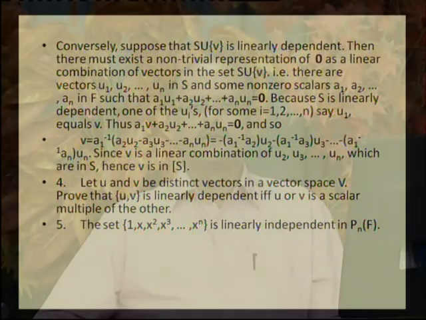That means that v is a linear combination of u2, u3, ..., un. These vectors all lie in S, and hence v is in the span of S.